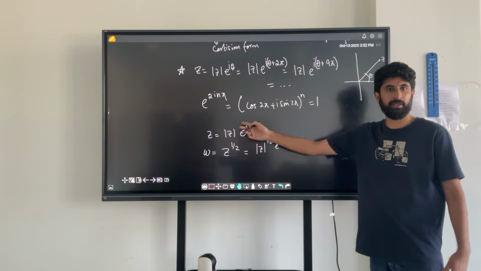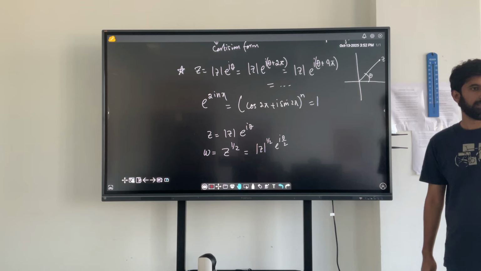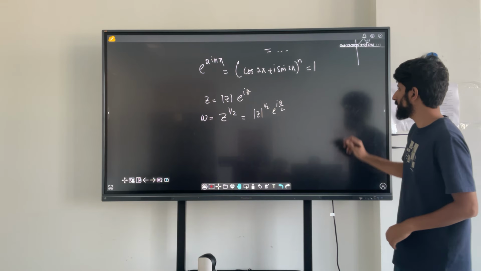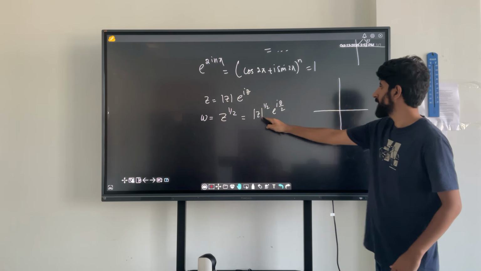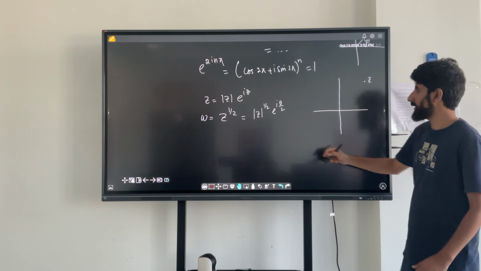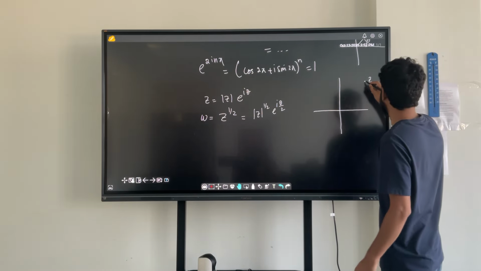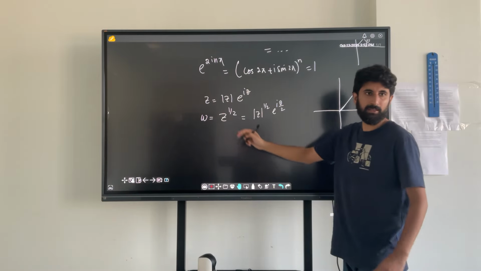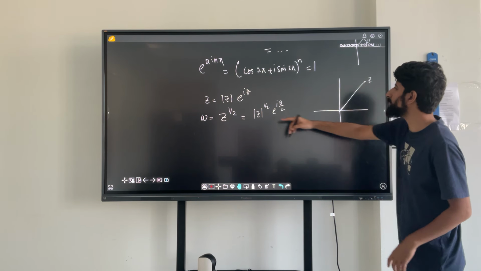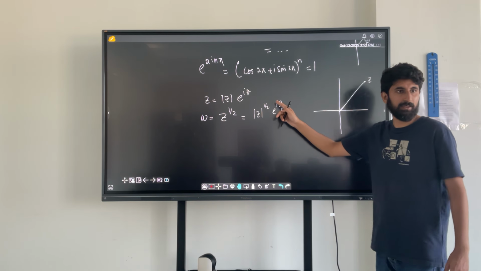This is just putting 1 by 2 here and then doing usual algebra, because I told you usual algebra works with an additional construct: iota squared is minus 1. So w has a modulus of square root of mod z, but it has an argument which is half of this argument.